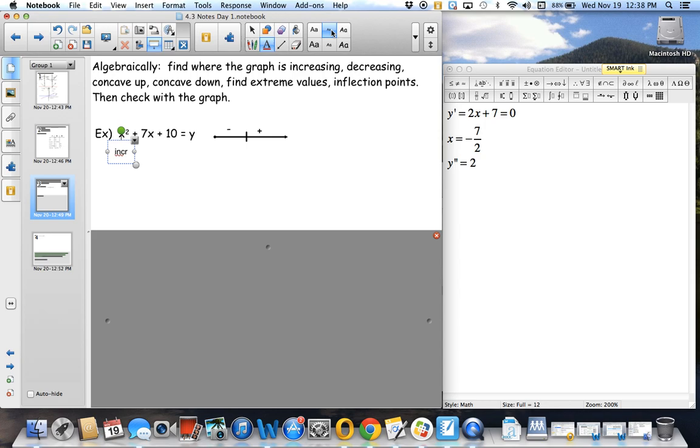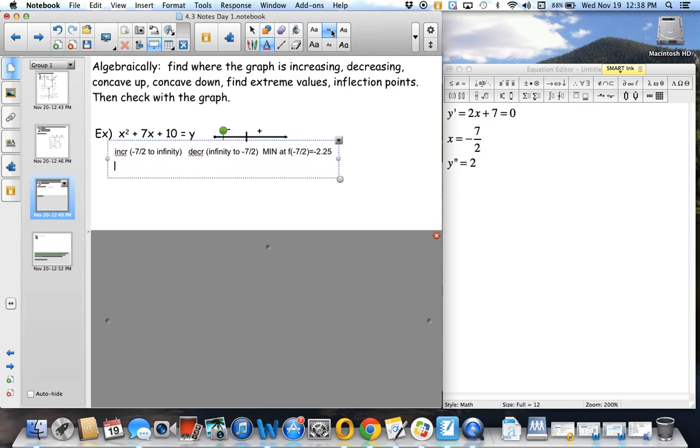We are increasing from negative 7/2 to infinity. We are decreasing from negative infinity to negative 7/2. We have a minimum at f of negative 7/2, which equals negative 2.25.